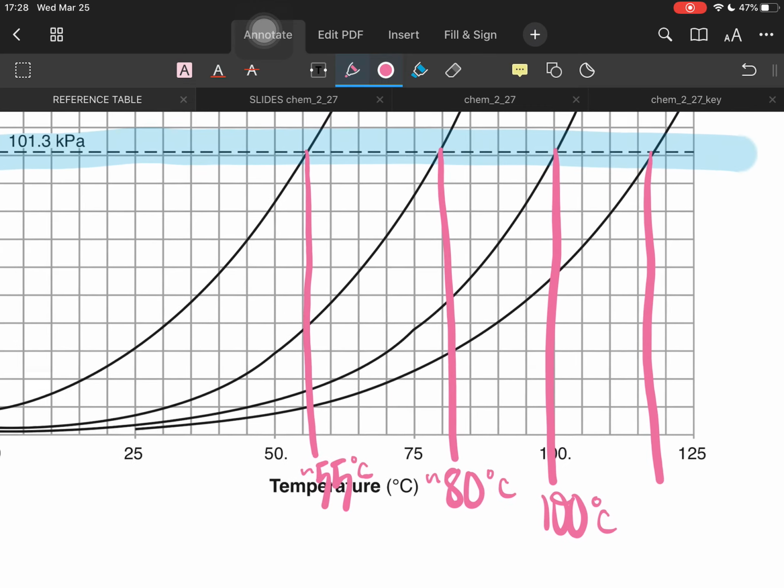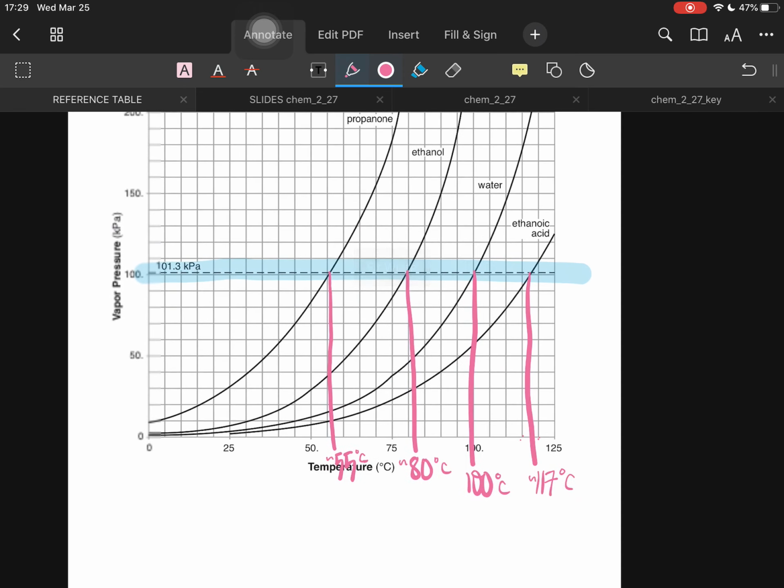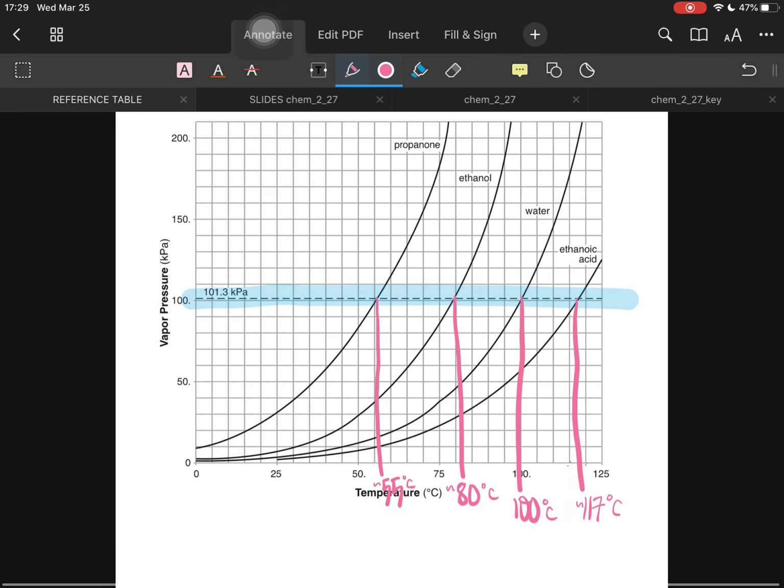And this one I'm going to say somewhere between 115 and 120, so about like 117, something like that. All right. Propanone, 55. Ethanol, 80. Water, 100. Ethanoic acid, 117.